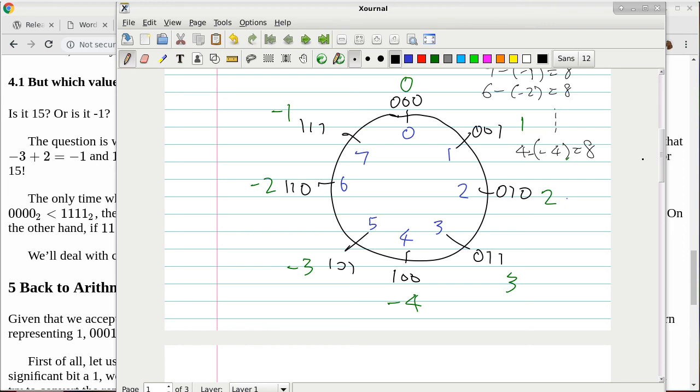The non-negative side is super easy, because it's the same as an unsigned value. Each bit is only representing the presence or the absence of a power of 2. We got that. But the negative values are kind of throwing a wrench into this whole thing. Or maybe not.